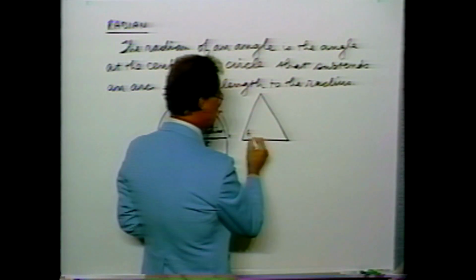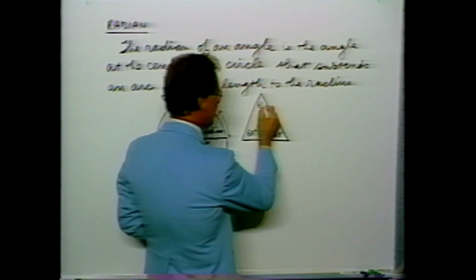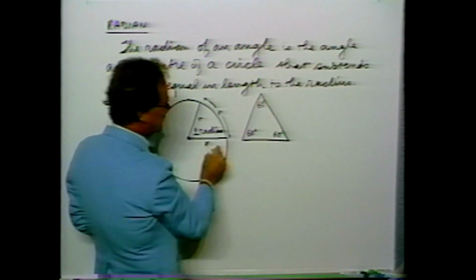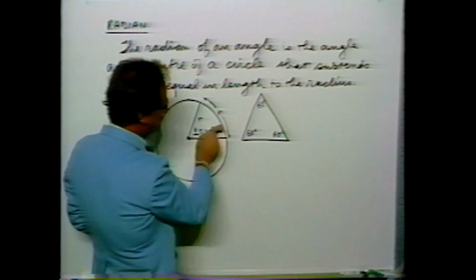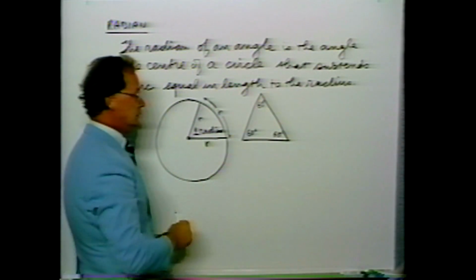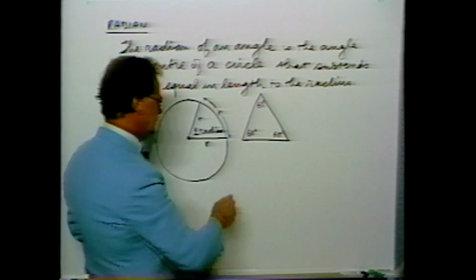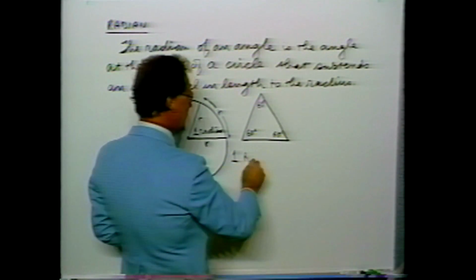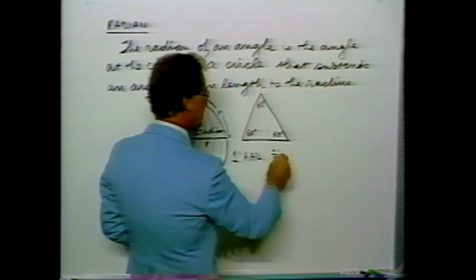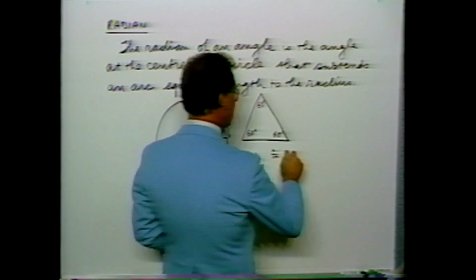That makes this 60 degrees, 60 degrees, and 60 degrees. Since this is a stretched out length compared to the arc, it follows that 1 radian is slightly less than 60 degrees. In fact, 1 radian is approximately equal to 57.3 degrees.